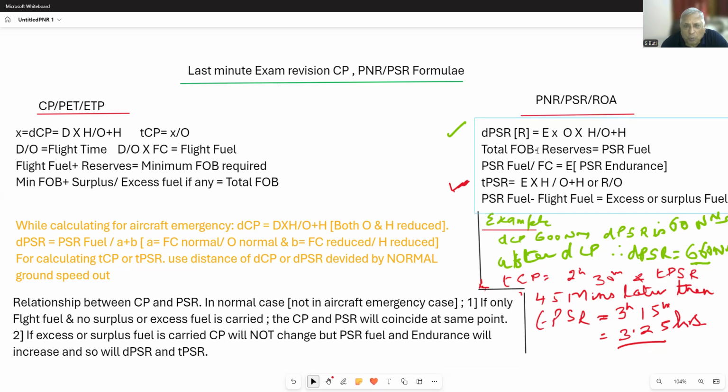Total fuel on board minus the reserves is the fuel that you can use for PSR. So we find out PSR fuel divided by fuel consumption, endurance, and that endurance we use for dPSR or TPSR. To find out the excess fuel, I need to calculate the PSR fuel from here and the flight fuel from the CP formula, and I will have the excess fuel.